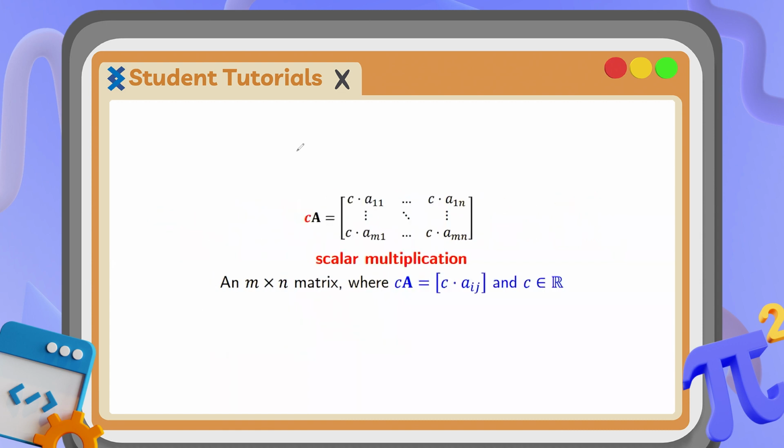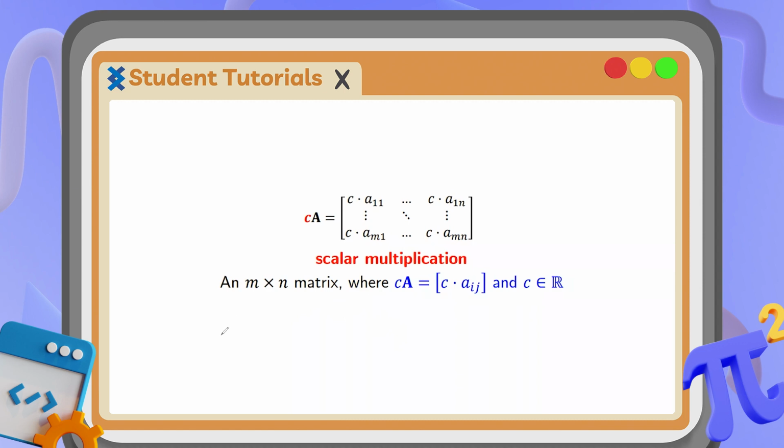Next, we have scalar multiplication, which is an m by n matrix where C times A is equal to C times A sub ij, and C is a real number. So here, you're actually applying any real number to every element in the matrix.